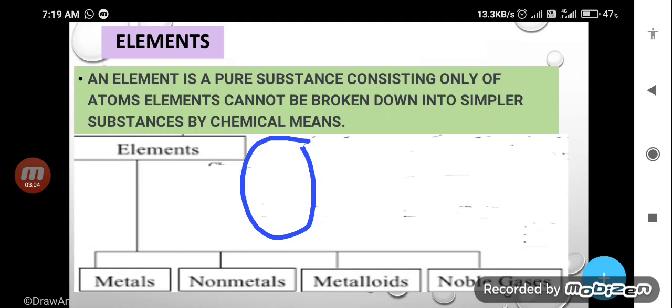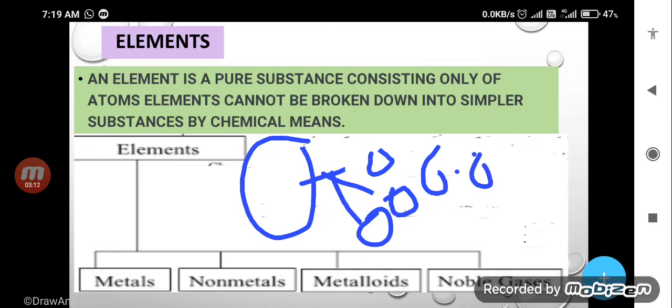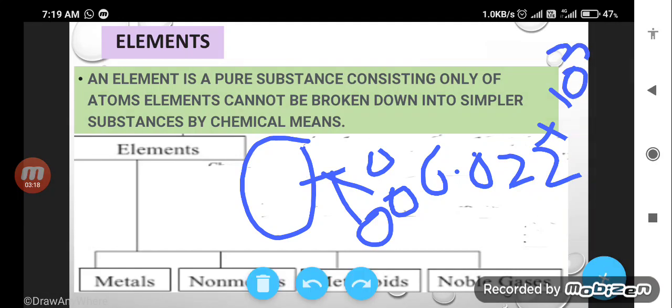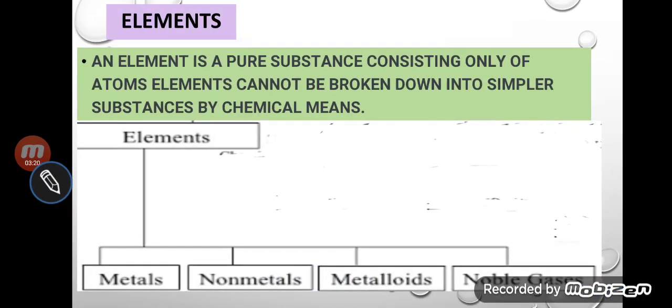You know this oxygen is made up of lots of small oxygen atoms. You know how many? 6.022 times 10 to the power 23. That is called Avogadro's number. We will talk about it in structure of atom.